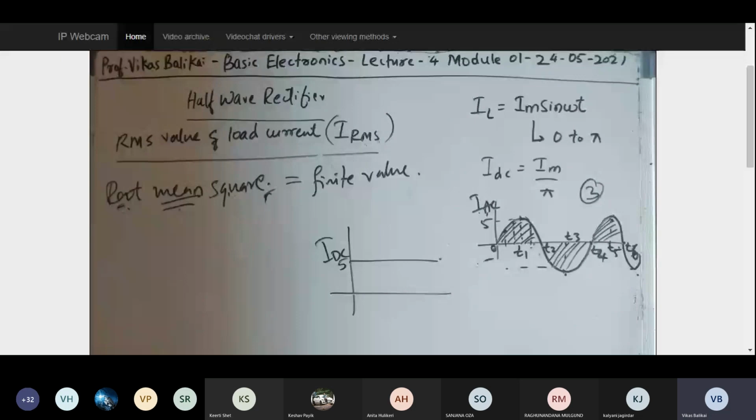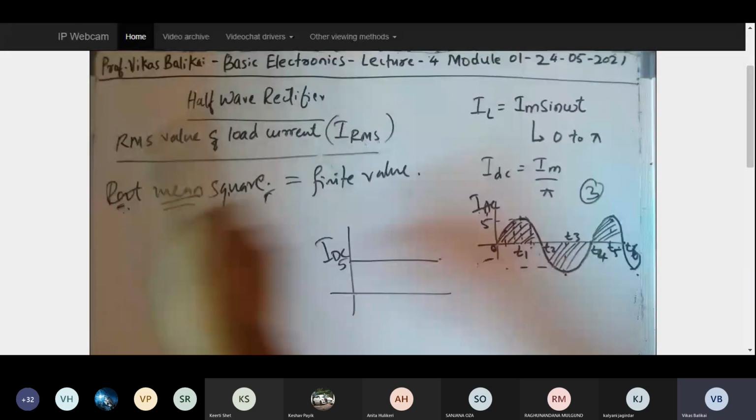That is my intention. Now, in order to identify the amount of work that this DC current does and the amount of work that AC current does, I need to convert this entire sinusoidal waveform to some finite value. And in order to do that, I used root mean square.